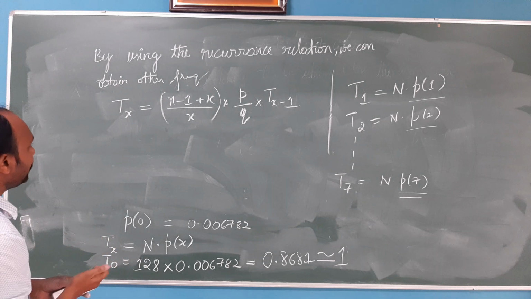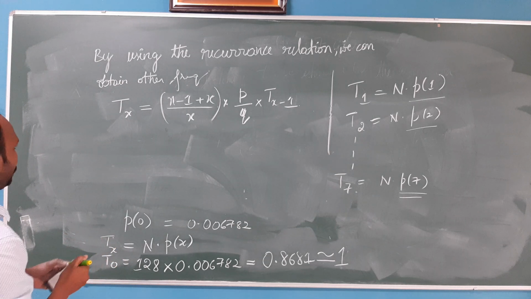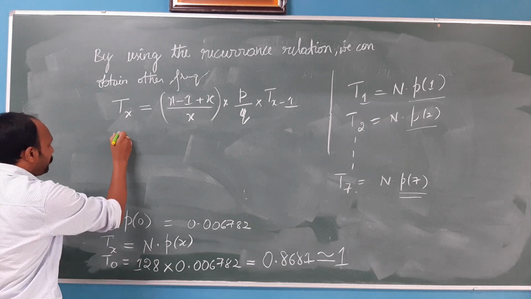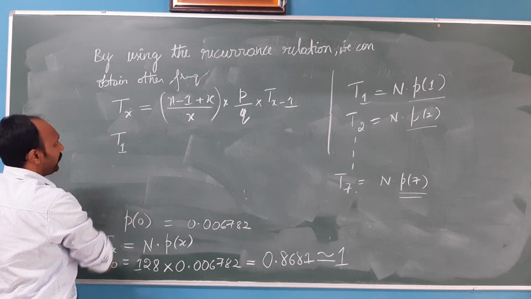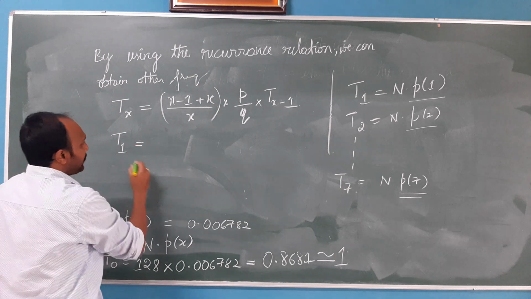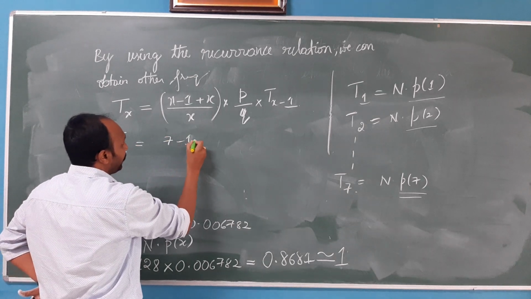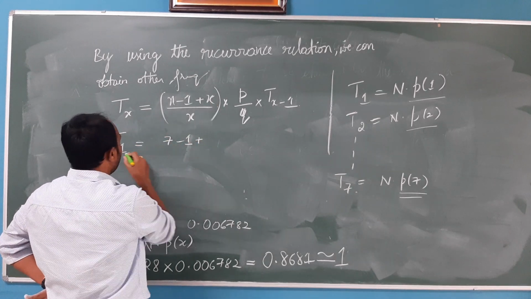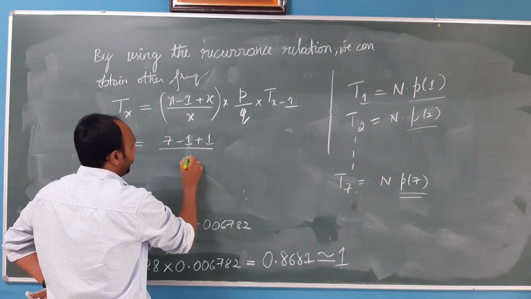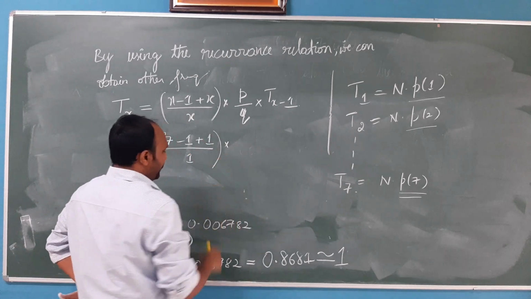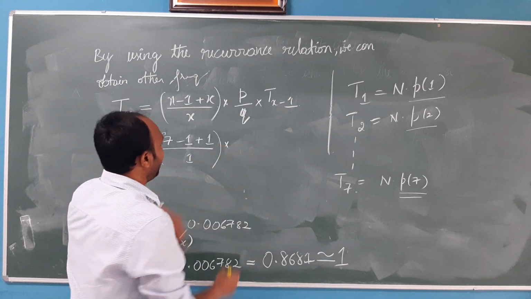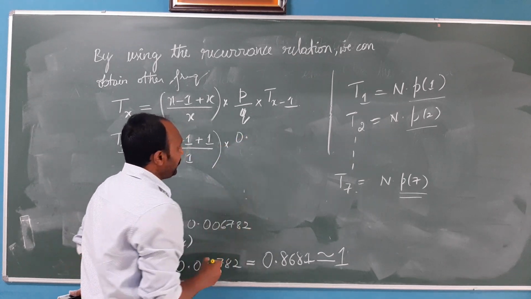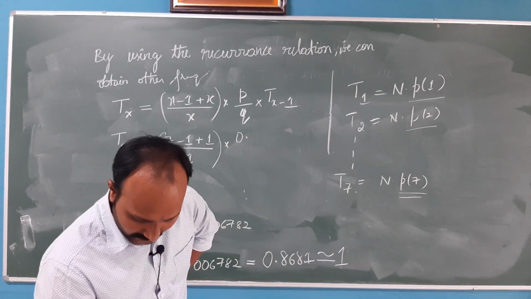Okay. So what is the general way now? I need to find the frequency of getting only 1 head, that is t of 1, which is equivalent to (7 minus 1 plus x value 1) divided by 1, into p, the probability of success. It was 0.51.